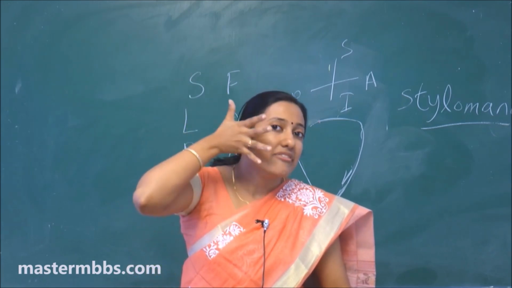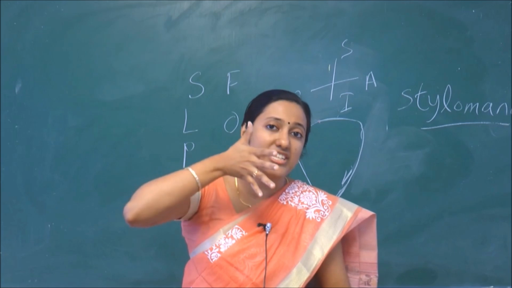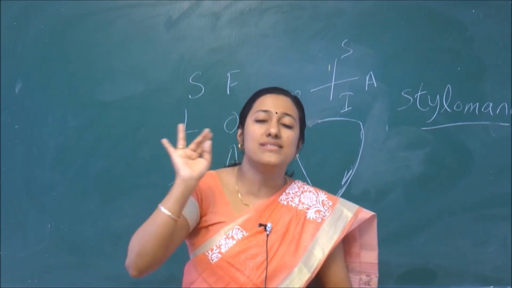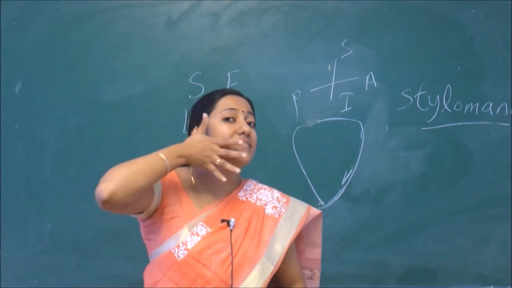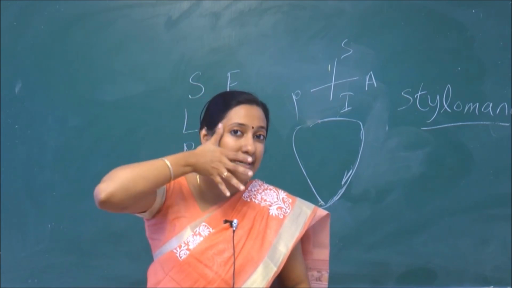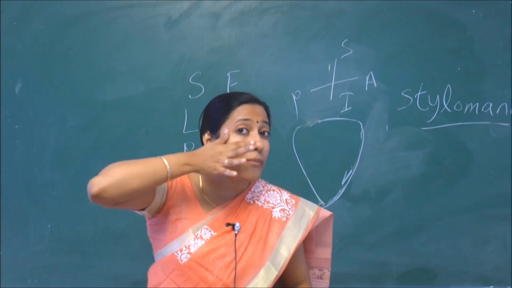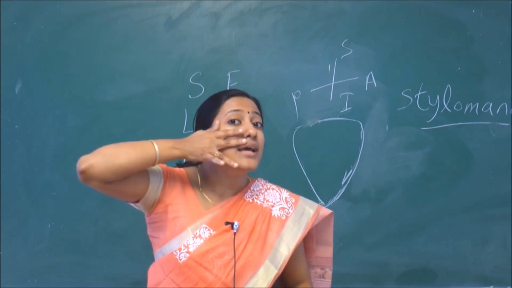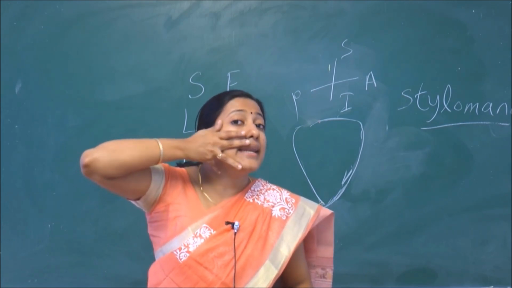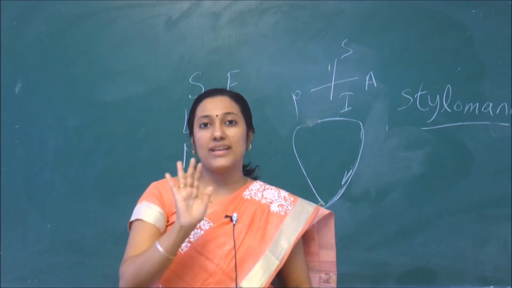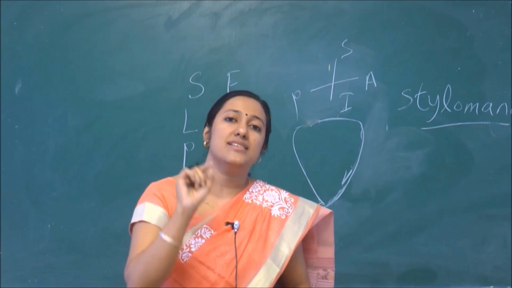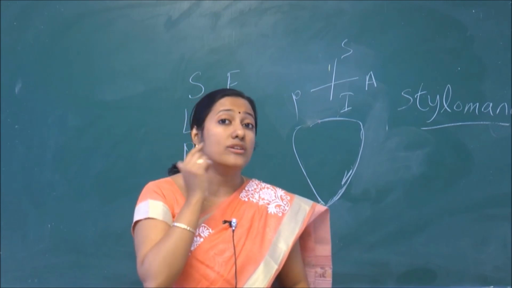So these 5 terminal branches of the facial nerve also are in close relation with our parotid gland. These 5 terminal branches include the temporal, zygomatic, upper buccal, lower buccal, then a marginal mandibular and a cervical. So these are the 5 terminal branches of the facial nerve on the face.